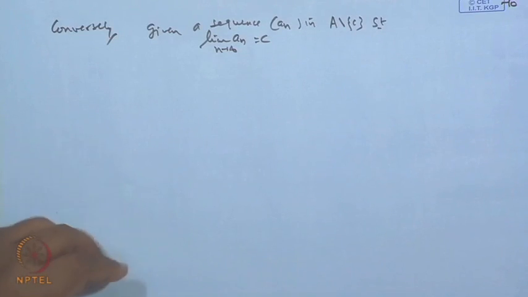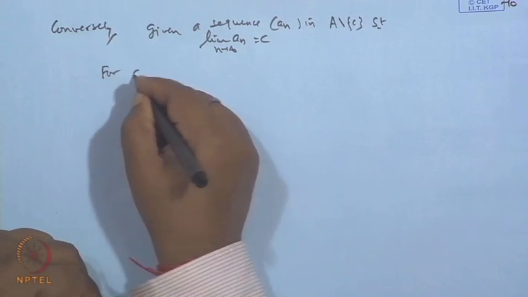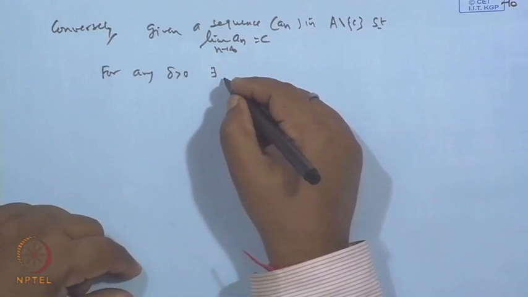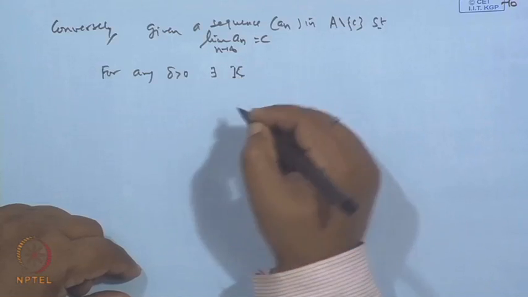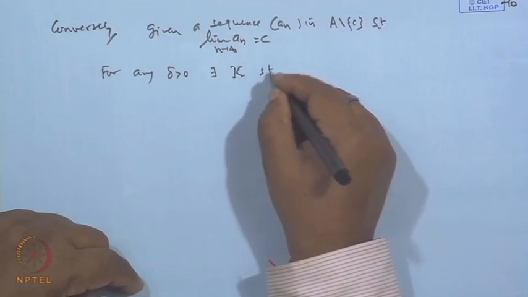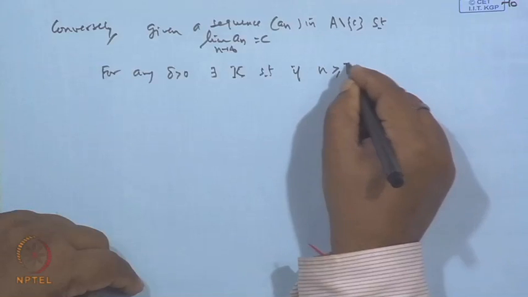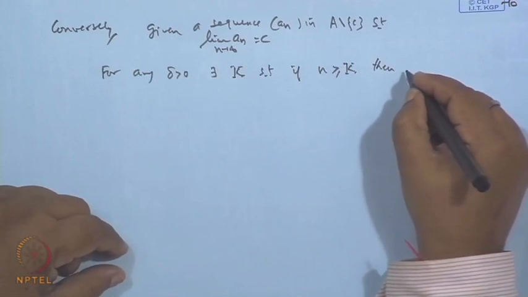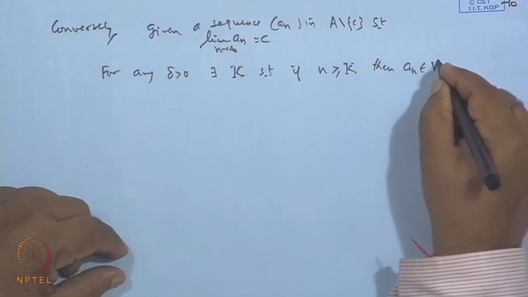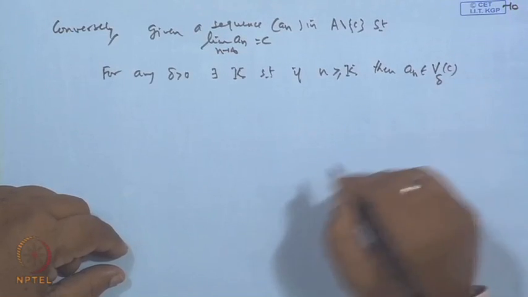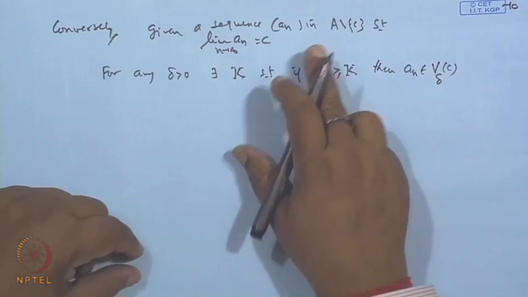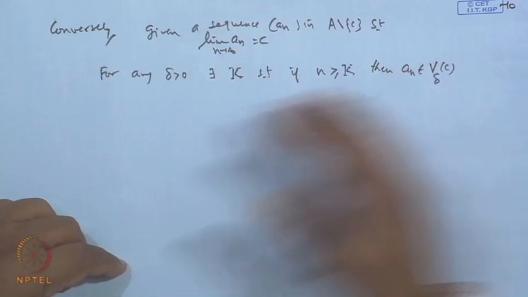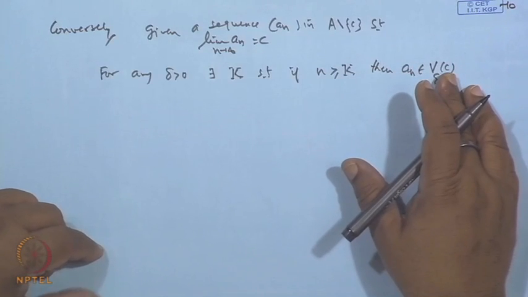So by definition of the limit, for any delta greater than 0, there exists a positive integer k such that if n is greater than or equal to k, then a_n belongs to the delta neighborhood of c. That is by definition. For any delta we can find this.